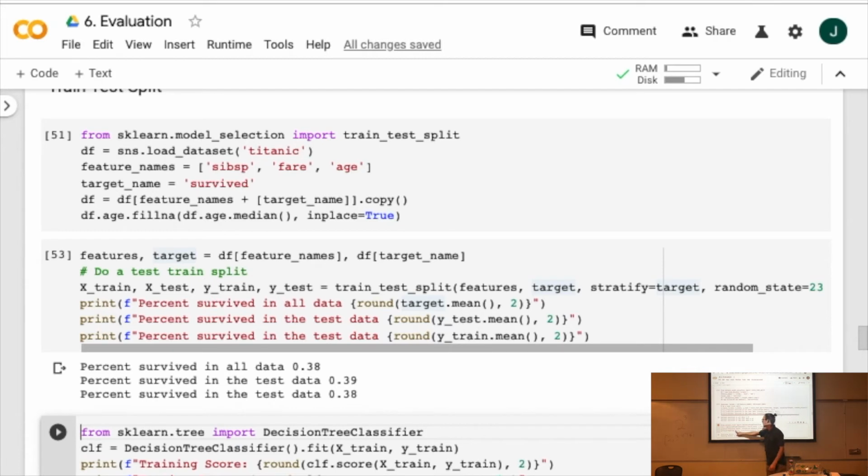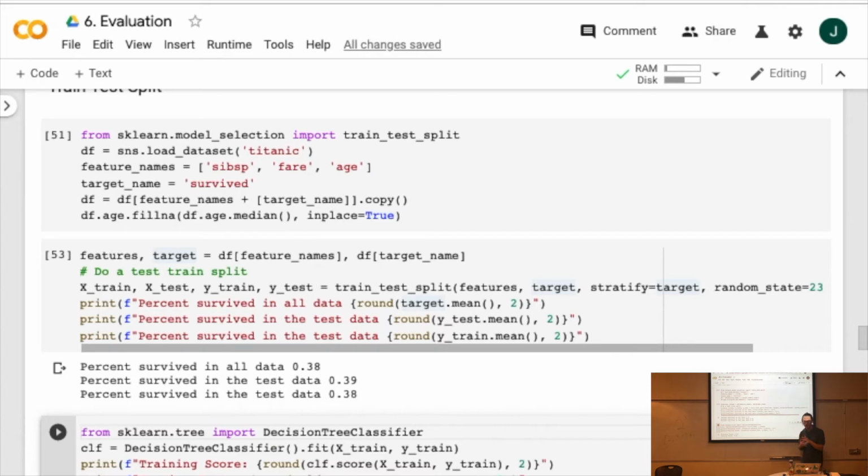If we call .score on the training data, it's almost 100% classification, so it's doing pretty well. But if we see how well it generalizes to the testing data, it's a much lower score. And that's why we always want to look at the testing score, not the training score, because the testing score is really how well it generalizes. Otherwise, it'll just overfit our data.